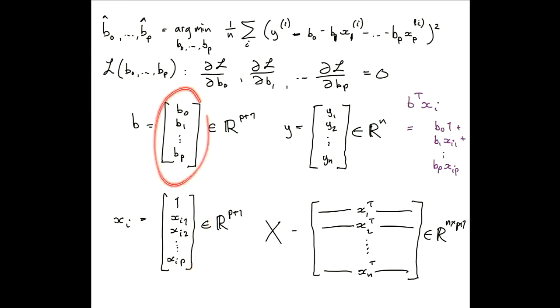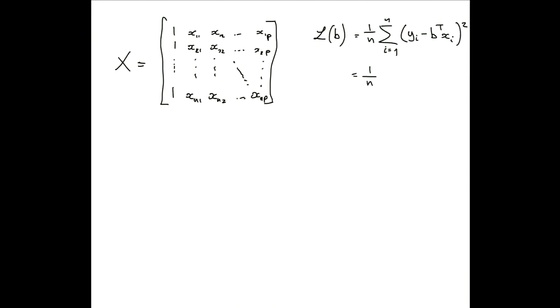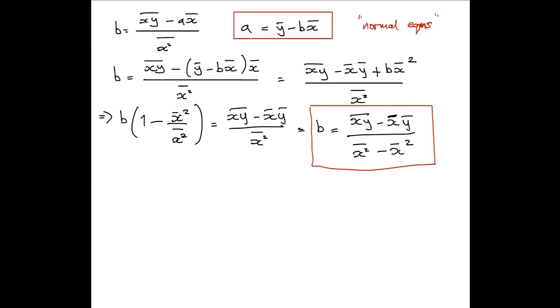So this dot product can be found by multiplying each row by b. We can write that in a couple of ways. I'll just write it like this. So it's y, the vector. Oh, that's one other thing, right?